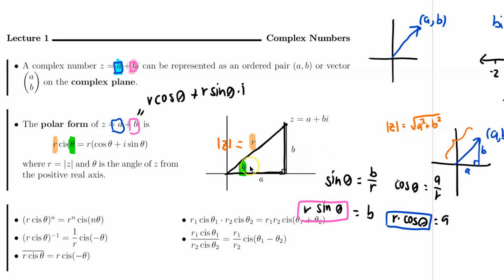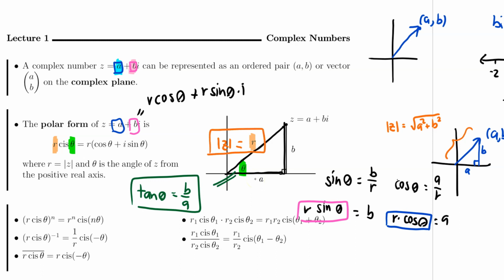And to find theta, if I know a and b, the tan of theta is just b over a. So I can use these two things to find my r and my theta when I want to write the polar form.